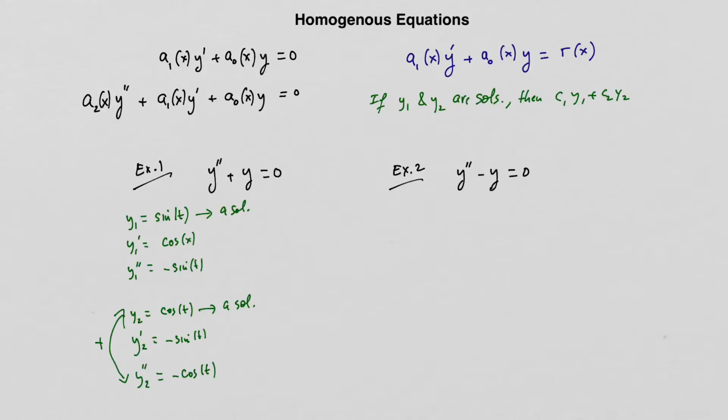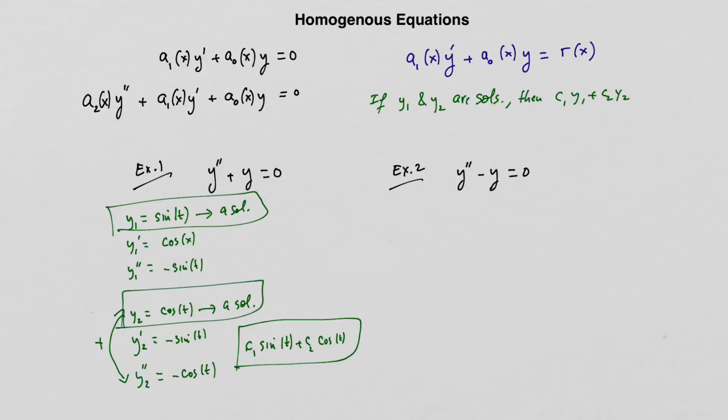And in conclusion, c1 sine t plus c2 cosine t is a solution. Why? Because this was a solution and this was a solution, and therefore a linear combination of 2 solutions is a solution. Okay?